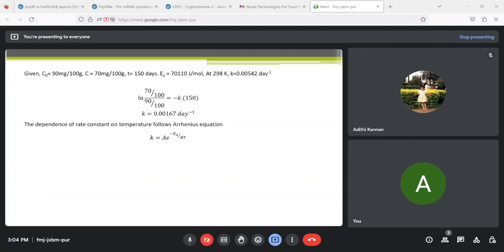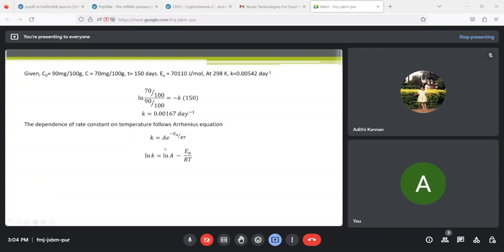So in order to make these things more clear, you take a logarithm on both the sides. So ln k will be equal to ln of A e power minus Ea by RT, and when you simplify that, you'll have ln A minus Ea by RT.